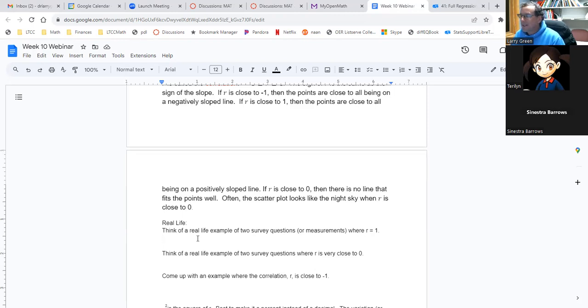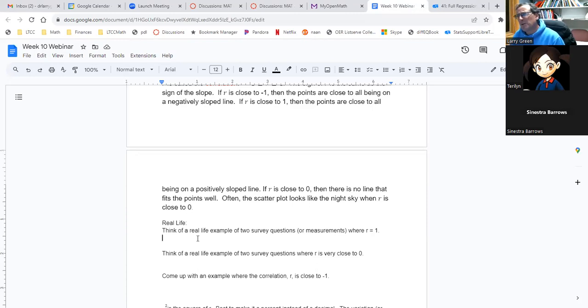Okay, age of baby, it has to be two questions, right? When you're doing R, there's an x-axis and a y-axis, so there's always going to be two questions, and you want to see if there's a correlation between those two things. So age of babies born in the hospital and something else, for example.